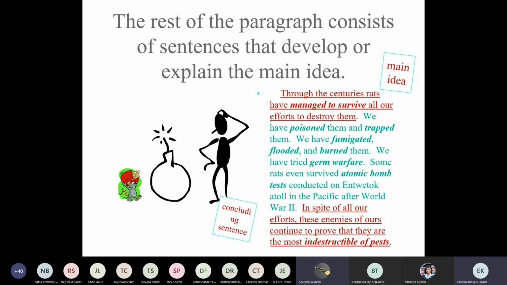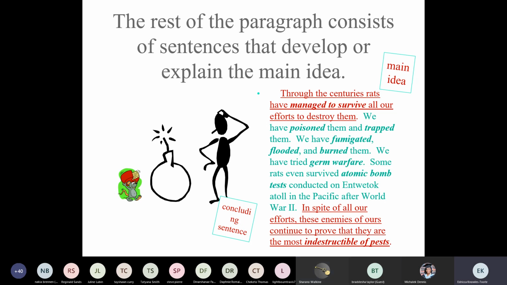Okay, yes, it does relate to the main idea. It really does. It sums up. Very good. So it sums up how, even though we tried to kill the rats, they are, very good, Rory, they are still alive. Still alive. Yeah, yeah.